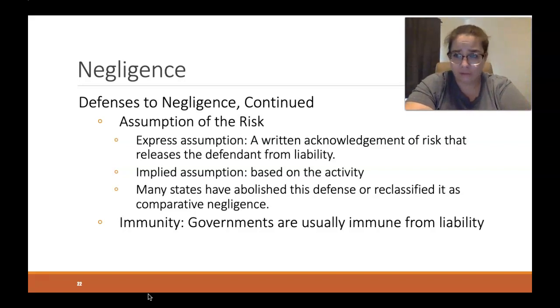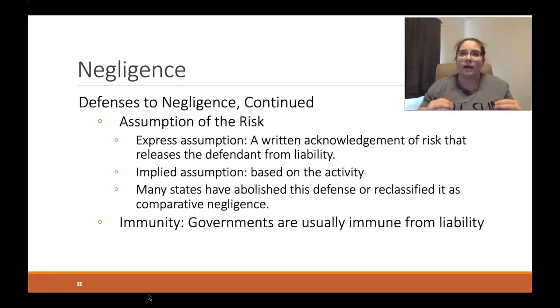Now, in California, those are not enforceable. So they can have you sign it all you like, but we have eliminated that as a defense because we recognize as a public policy issue that we don't want people to just be able to be absolved from their own negligence.